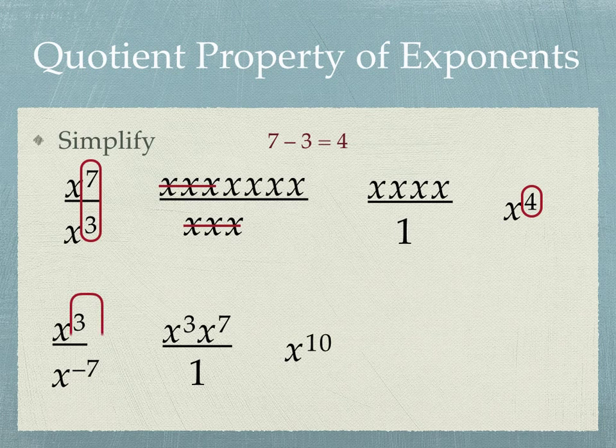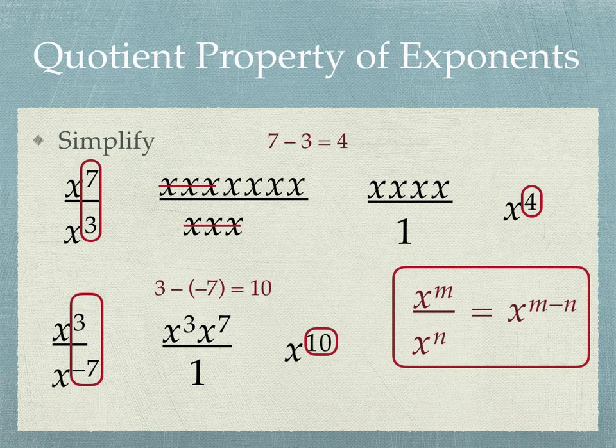That is also true in the second example. If we subtract 3 minus negative 7, we do get 10. So the quotient rule for exponents is some base x to the m power divided by x to the n will equal x to the m minus n.